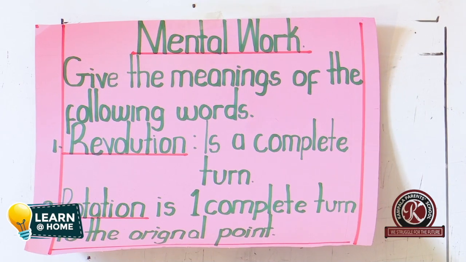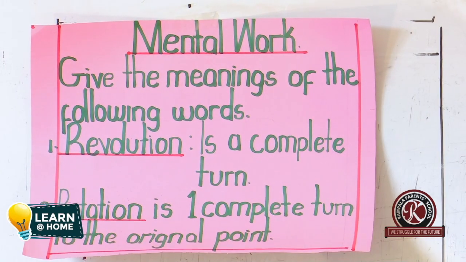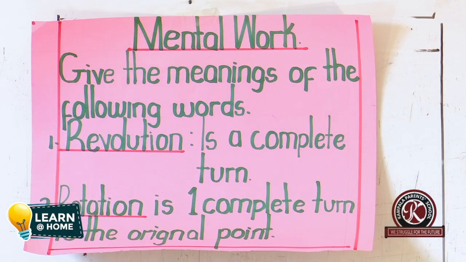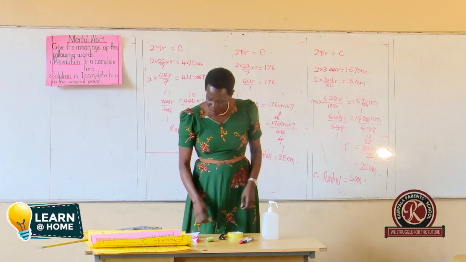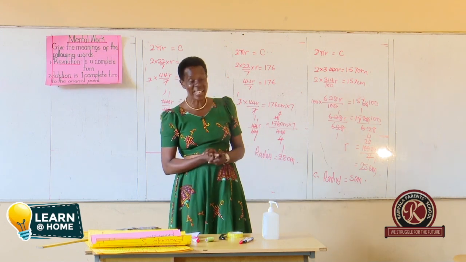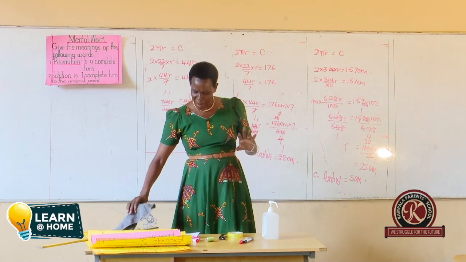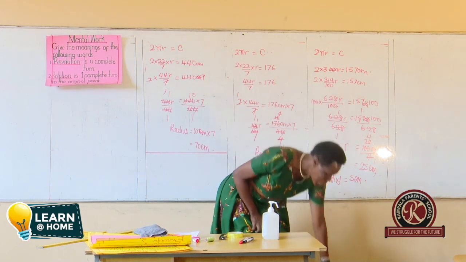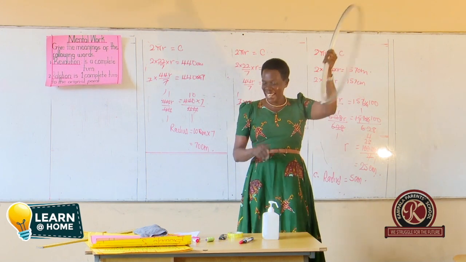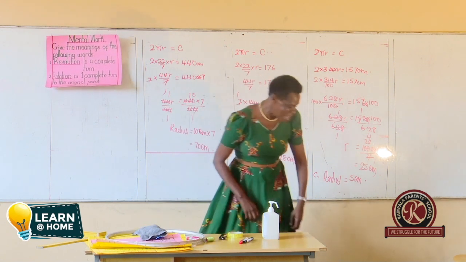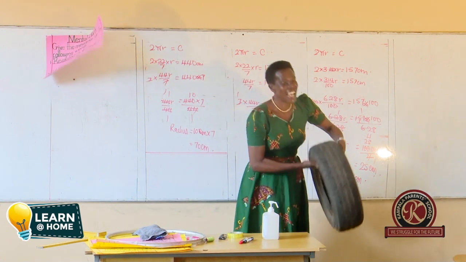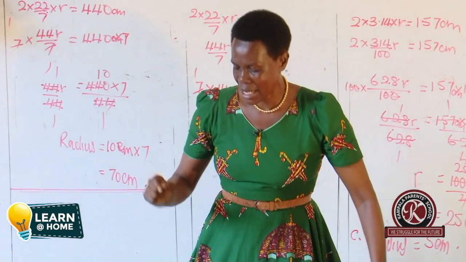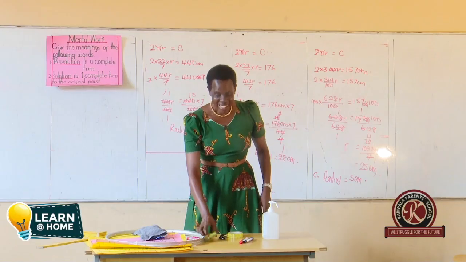I believe all this you are mentioning, you have ever used them. Another one: thread wound round a rod. Clap that one. Another one: minute hand. Because somebody has said a bicycle wheel, it is here, and another one has said a car tire, it is here. All these things are the ones making revolution complete.